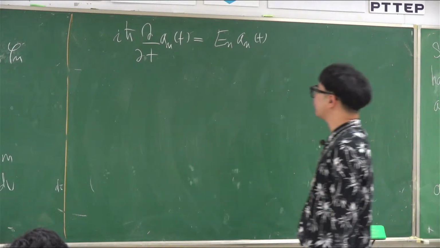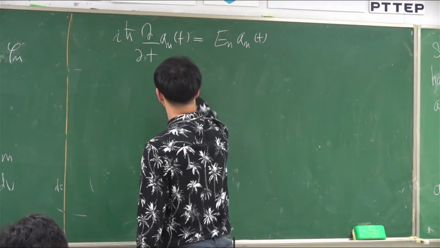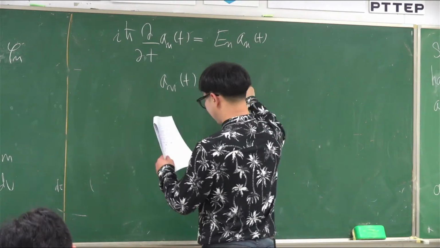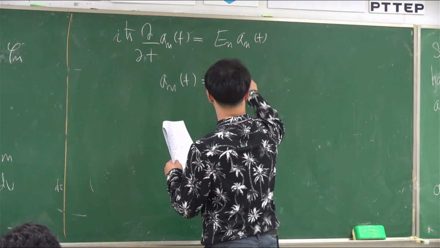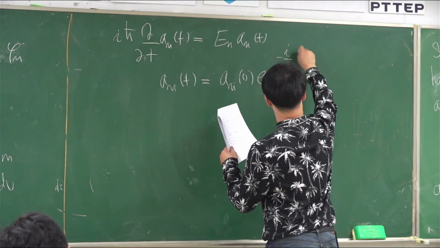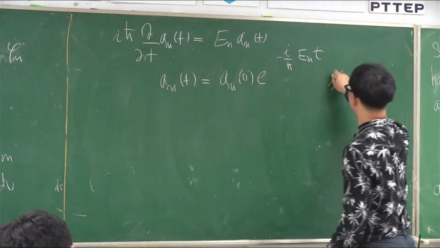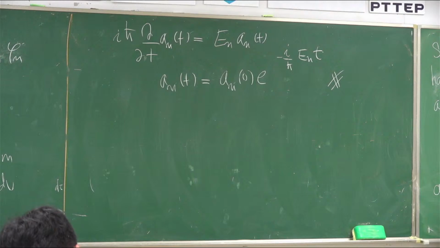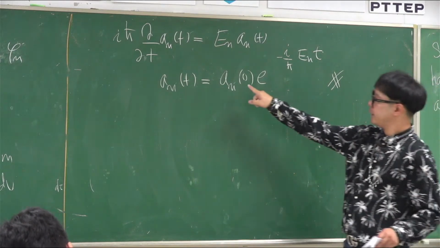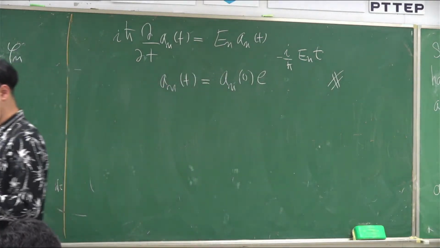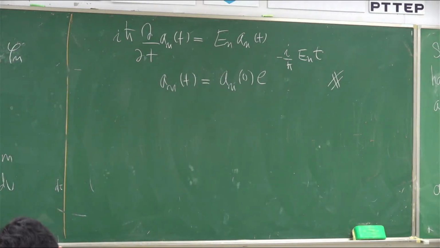And so you could solve for this one, which is actually not difficult, right? You can solve for this A_n, right? Which can be determined by the initial conditions. Okay.